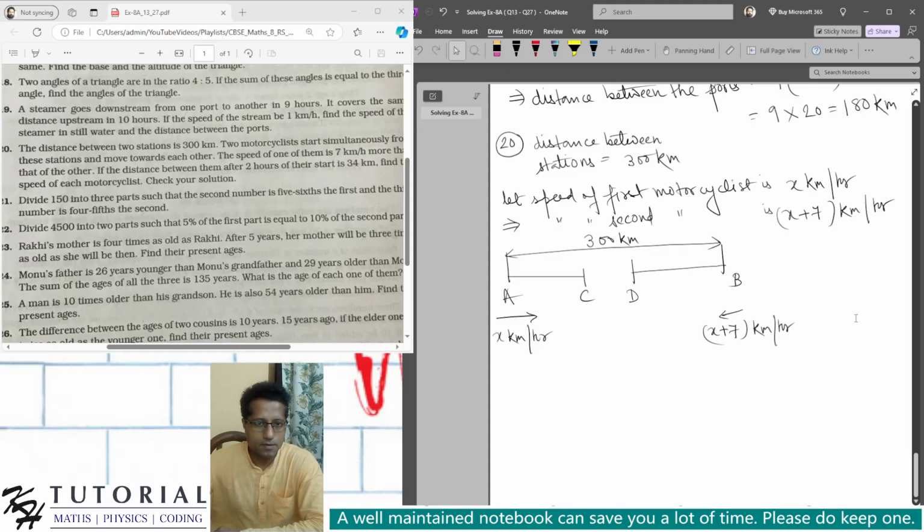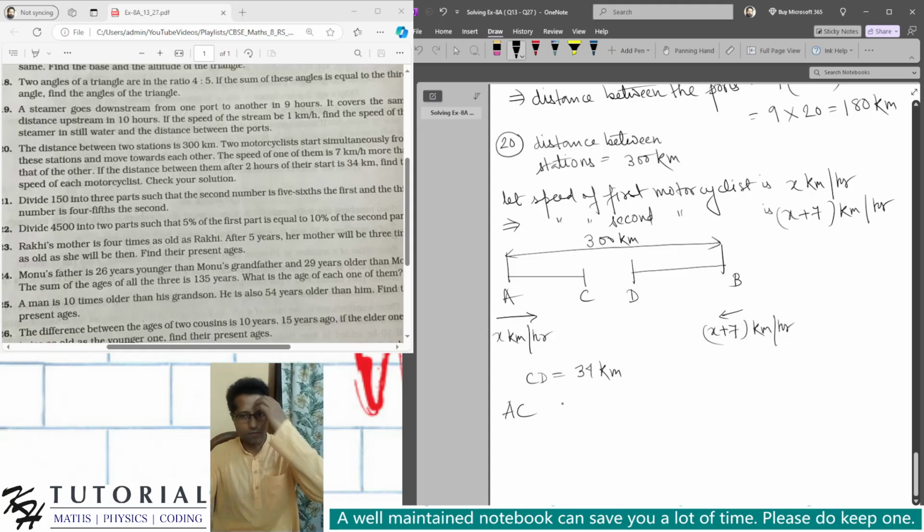It is given that the distance between them after 2 hours of the start is 34 kilometer, so CD, the distance between the two motorcyclists, is given to be 34 kilometers. Now what is AC?